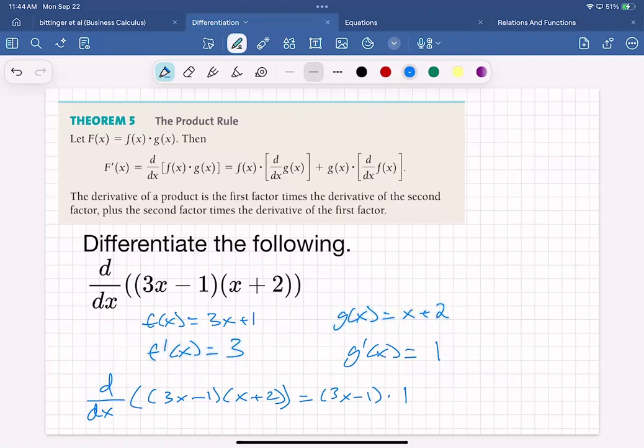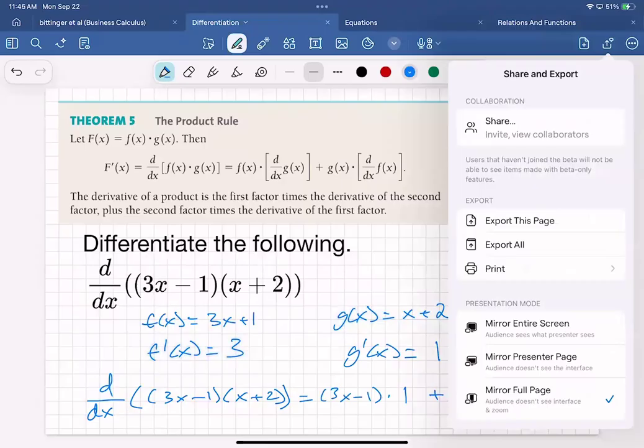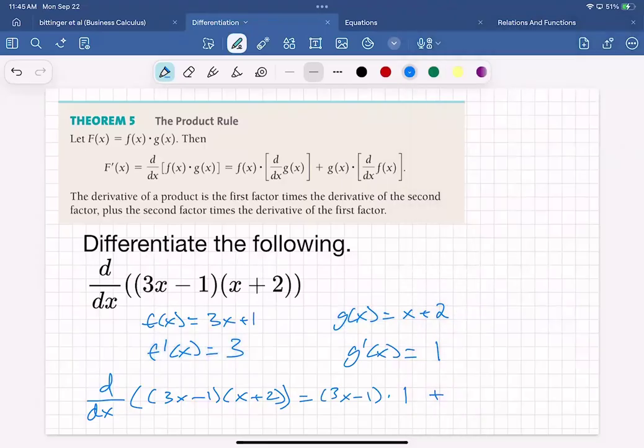So 3x minus 1 times 1. Then we're going to say plus, we're going to do the x plus 2 times the 3. We have the derivative now.